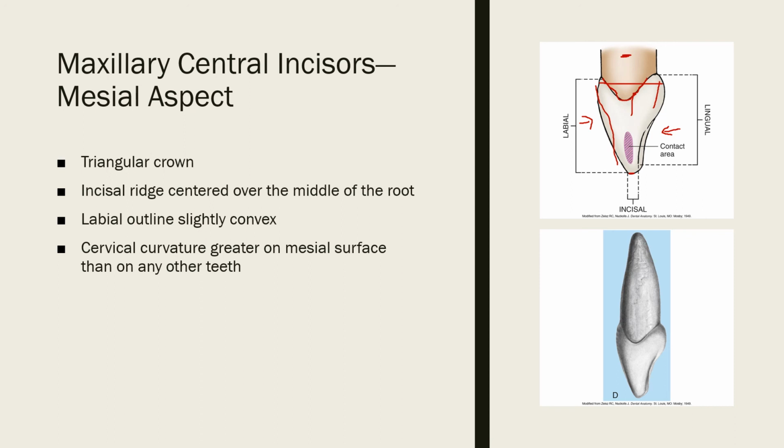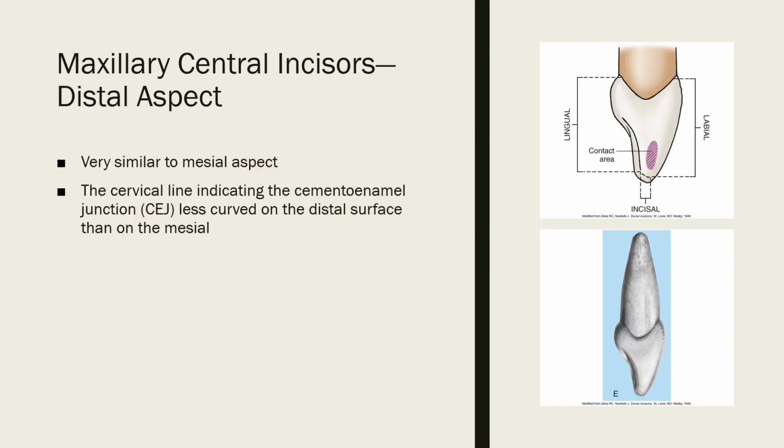And the mesial is going to go a little further down than the distal. All right, here's our distal aspect. Do you see how that curvature here isn't quite as great as it is on the mesial? Okay, it is still pretty similar to the mesial, so you just really got to look at that CEJ.